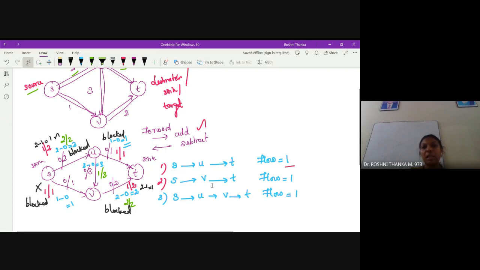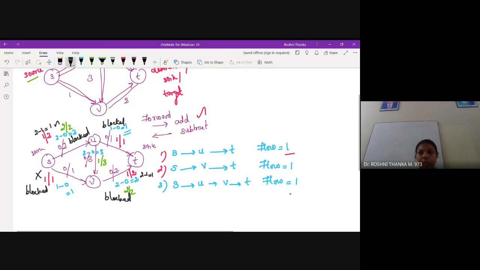So these are the 3 available paths to move some volume of data from source to destination. And the flow we found for each path is 1, 1, 1. So totally what we can conclude is that through these paths I am able to send 3 volume of data.